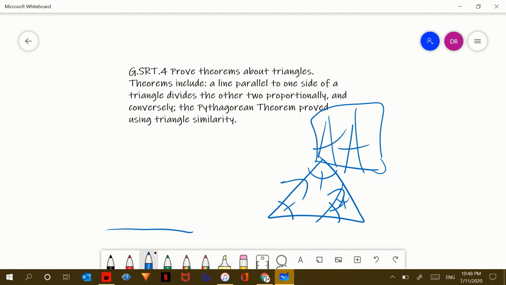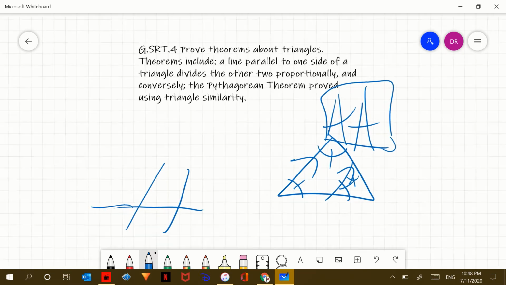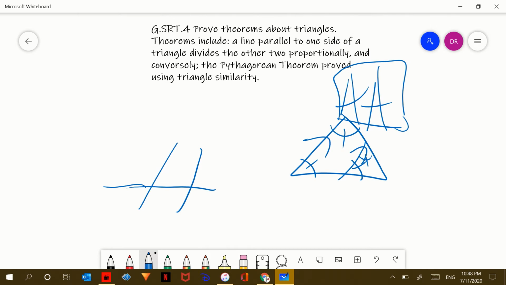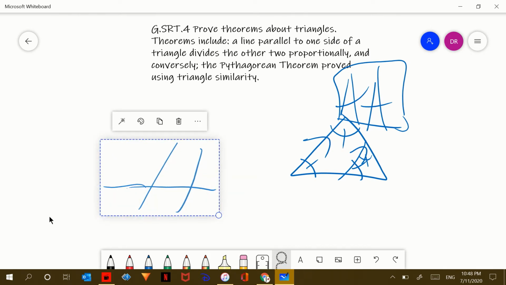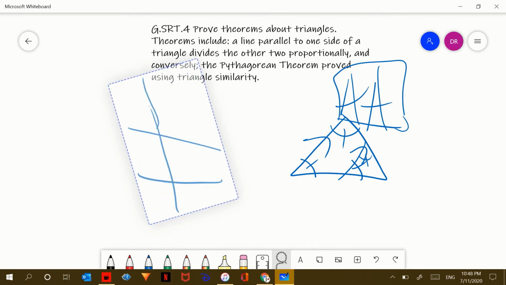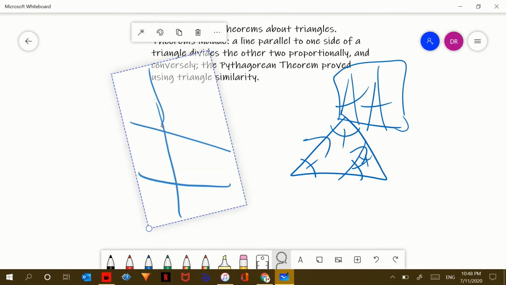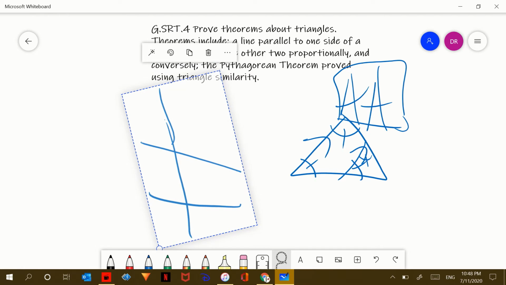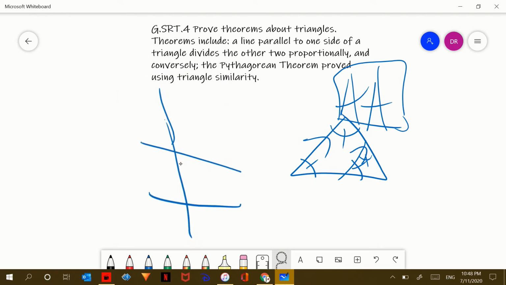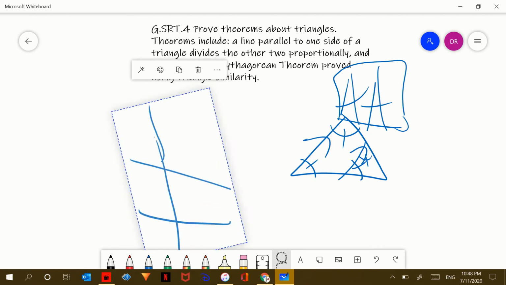And then they're cut by this transversal. You can twist this, and you can see that this angle is equal to that angle.